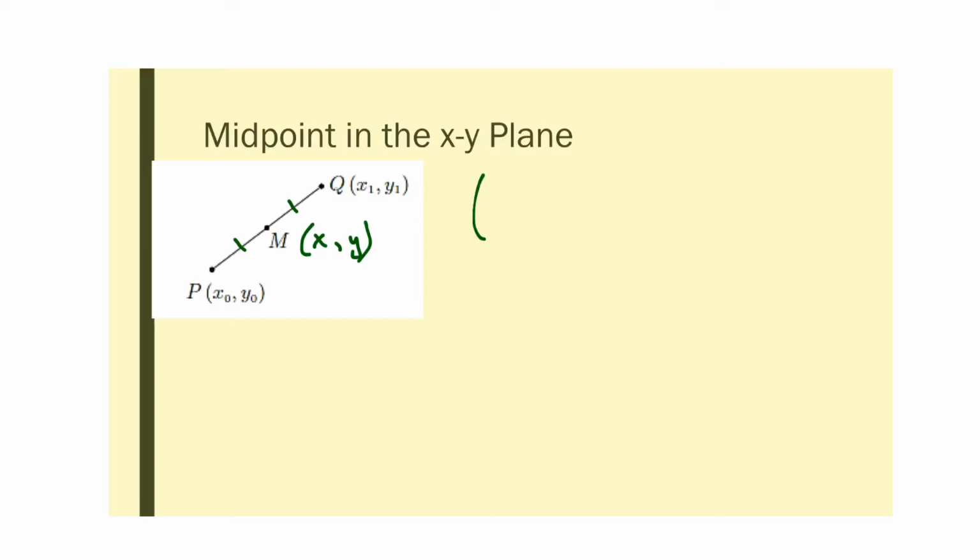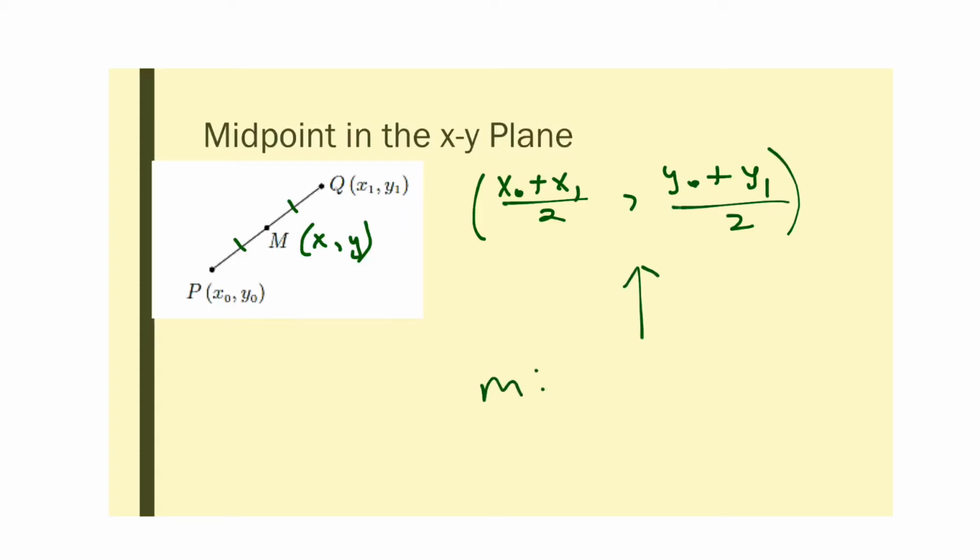So the average would be x0 plus x1, and the average of the y coordinates would be that. That would be your midpoint XY. Some people talk about that as being the midpoint formula, but it's not really a formula. In my opinion, it's just the average of two x values and the average of two y values.